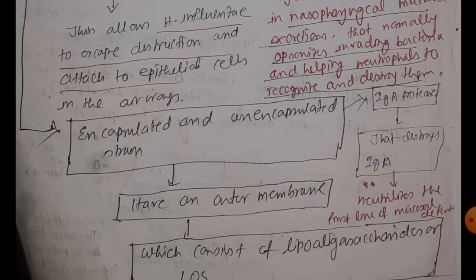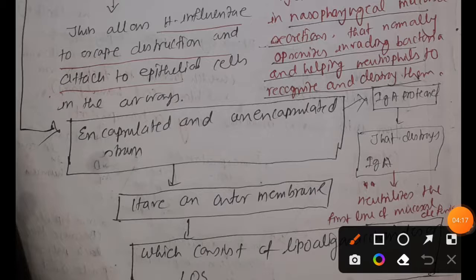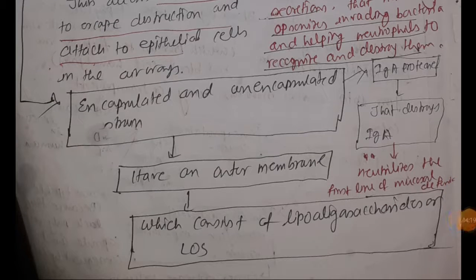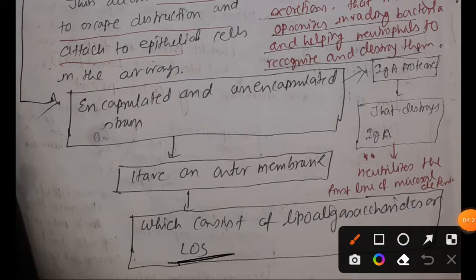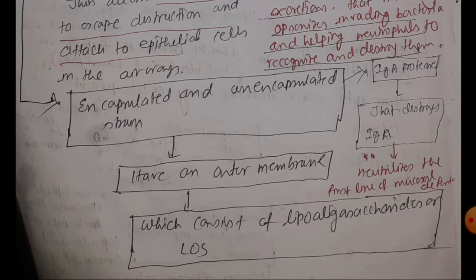In that outer membrane there is a special type of oligosaccharide known as LOS. Very important. This LOS, or lipo-oligosaccharide, is an important virulence factor for both encapsulated and unencapsulated bacteria. Now let's see how LOS protects Haemophilus influenzae.